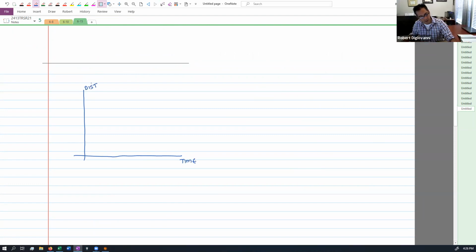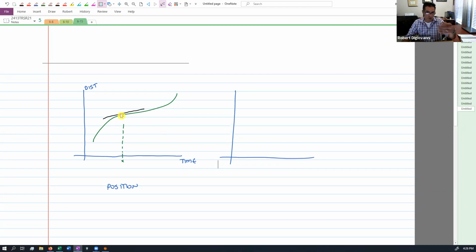If this is time and distance, then this would be your position function. If we graph a position function, take some point x, go here, find the derivative, that gives us the slope of the tangent line. If we graph the derivative, like I showed you earlier when I was asking people positive or negative, you'll get a new function over here, and this will be the velocity function.